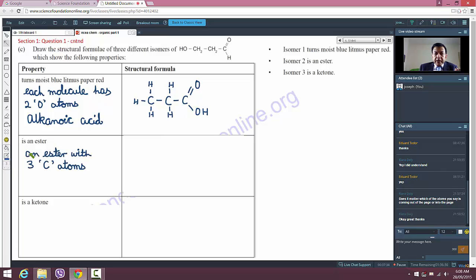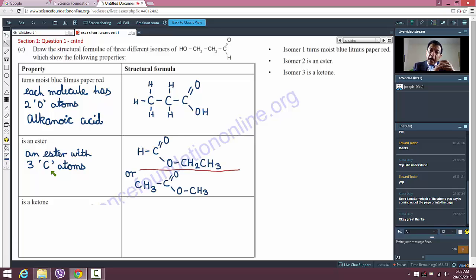Okay. Now, it's an ester. The second one. If it's an ester with a total of 3 carbons, then there are 2 ways we can get this. You can have the alcohol part of the ester having 1 carbon and the alkanoic acid part having 2 carbons, which is like this second structure here.